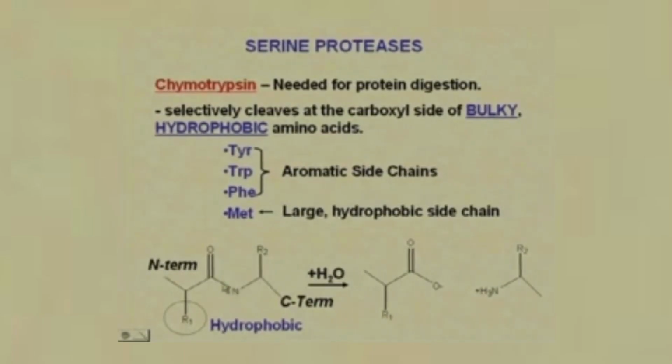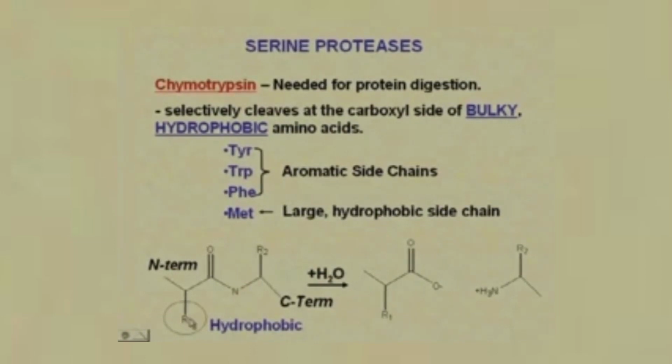And what are we going to have? We are going to have a cleavage, where the cleavage is going to be at the carboxyl side. So this is where the cleavage is going to occur, provided R1 is a bulky hydrophobic residue. Is that clear?